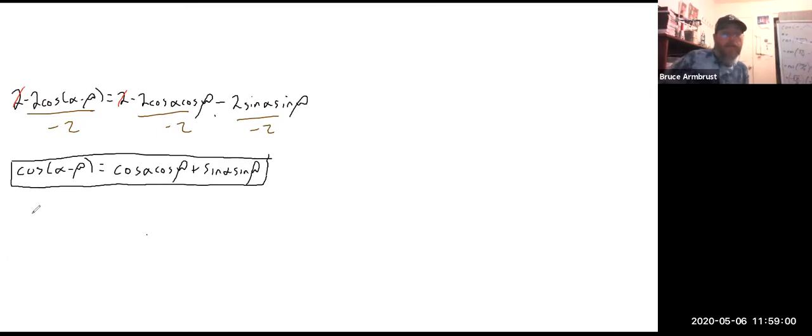Now, for the sum of angles, here's what we're going to do. We're going to want cosine of alpha plus beta. But we're going to be tricky here. We're going to turn this into a subtraction by doing alpha minus negative beta.